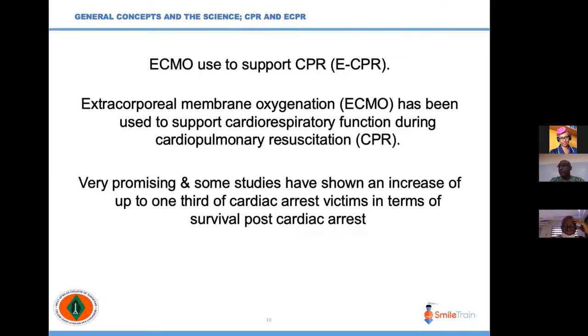So to finish with the gadgets, ECMO, I think, is what is being used in advanced centers. This is extracorporeal membrane oxygenation, which is connecting the circulation system to an external system of circulation.